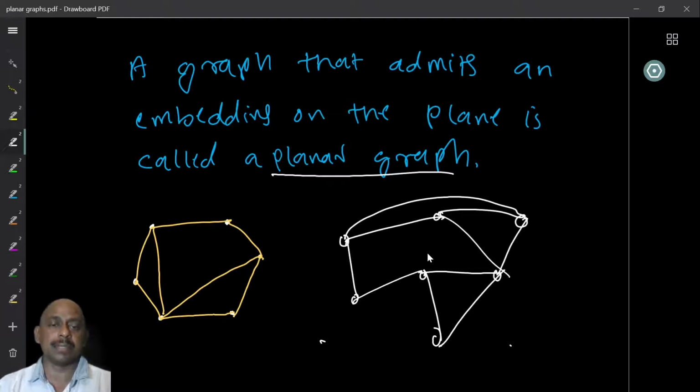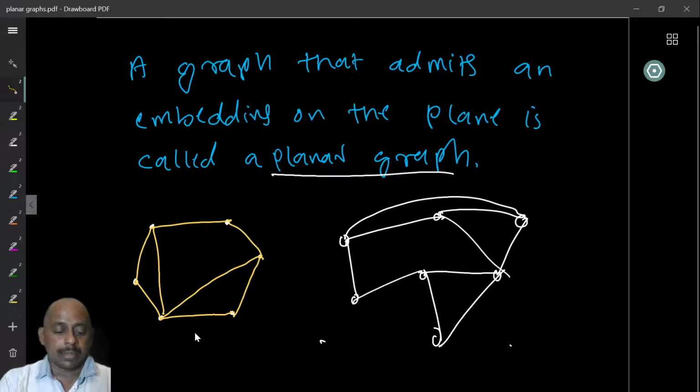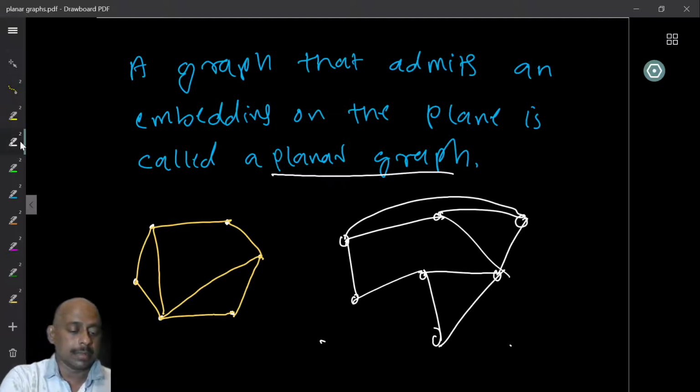So here are some examples. The first graph that you see here is a graph on 6 vertices, and you have 1, 2, 3, 4, 5, 6, 7, 8 edges.